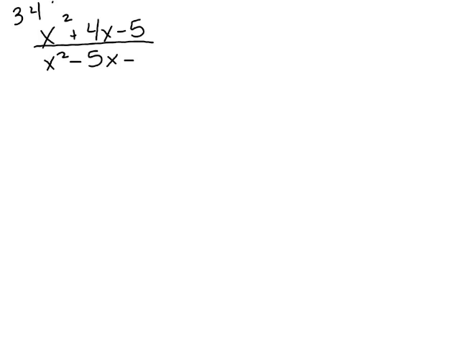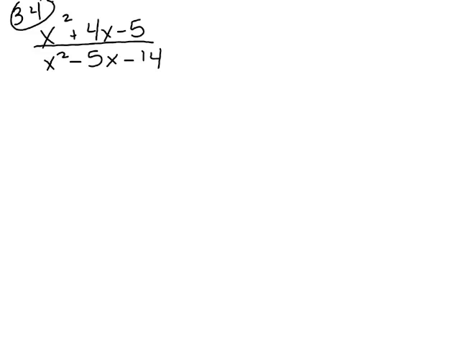Okay, 34. Is x squared plus 4x minus 5 over x squared minus 5x minus 14. There's our bottom.